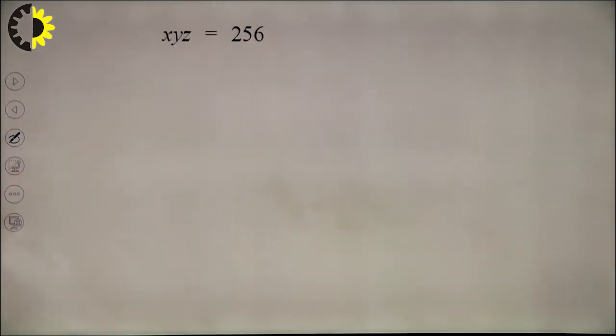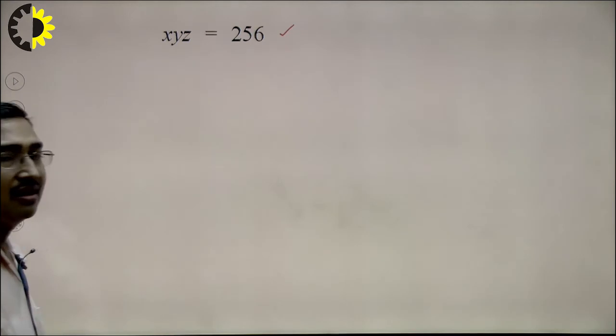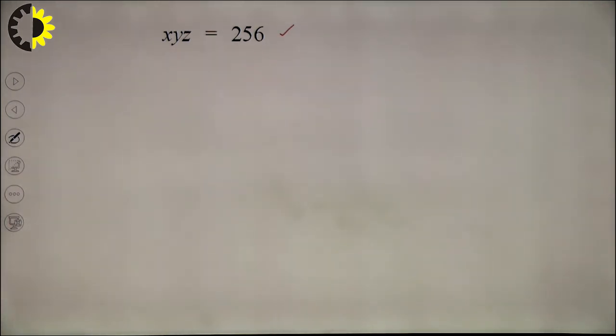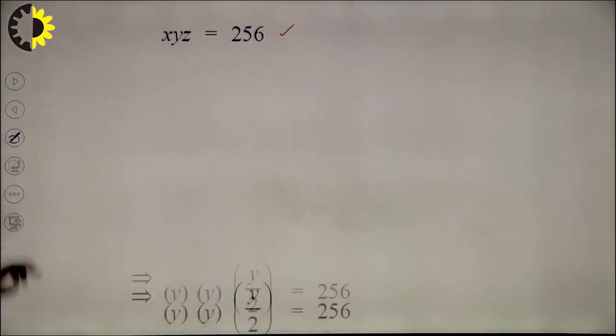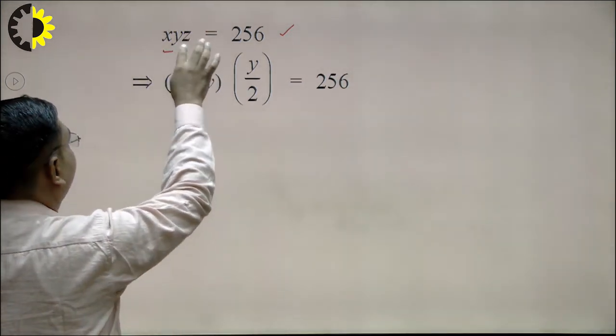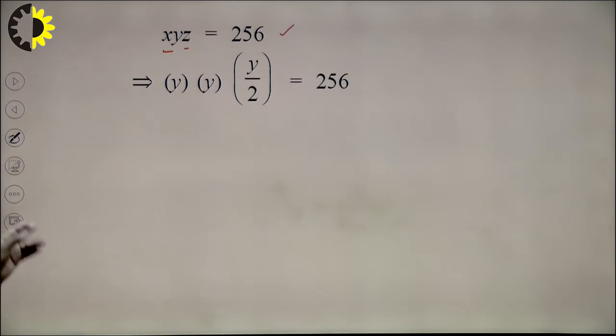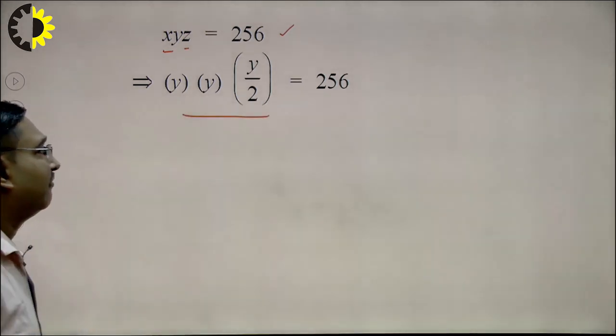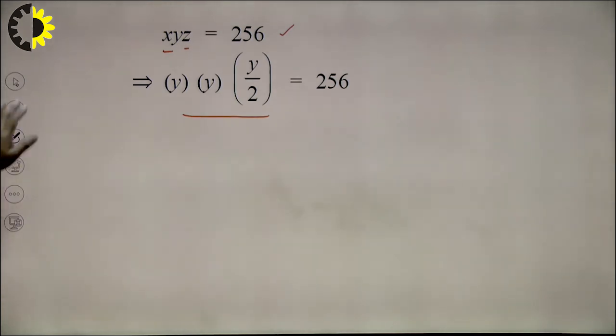Now, the relation among x, y and z which was used to construct phi was xyz equal to 256. Substituting the values of x and z calculated in the previous slide, I get this relation y into y into y by 2 equal to 256.